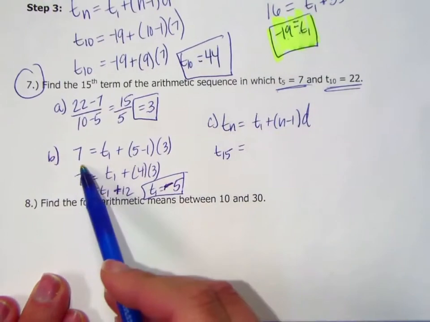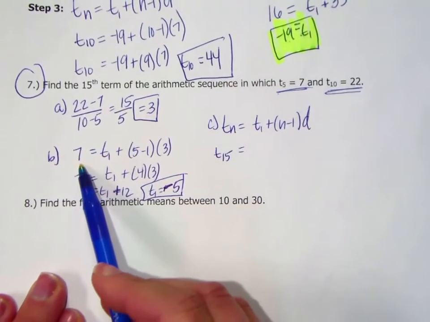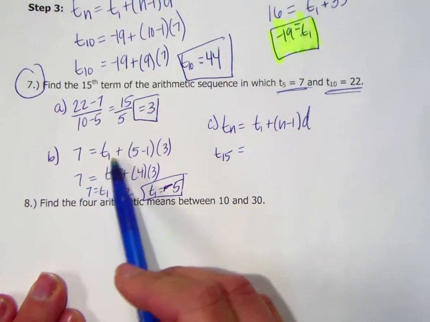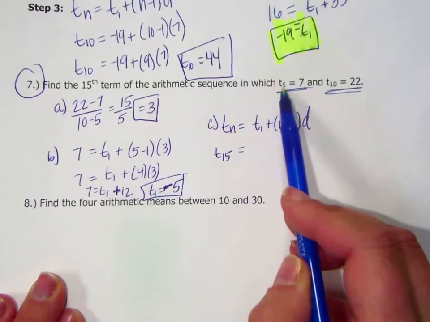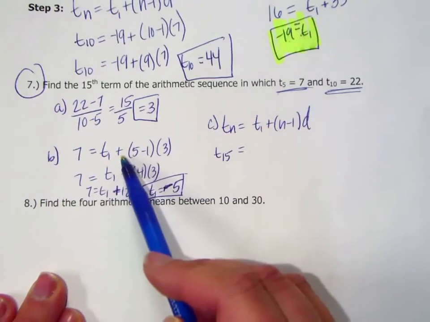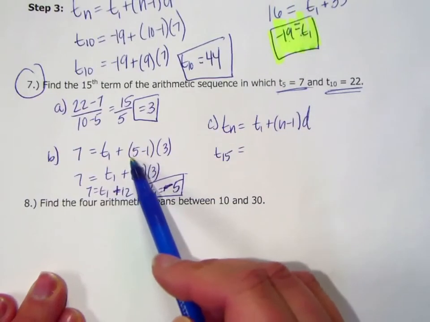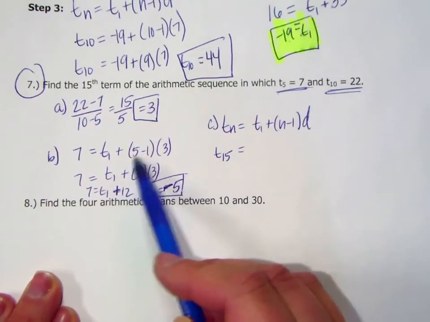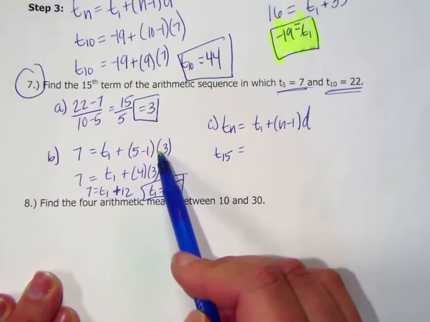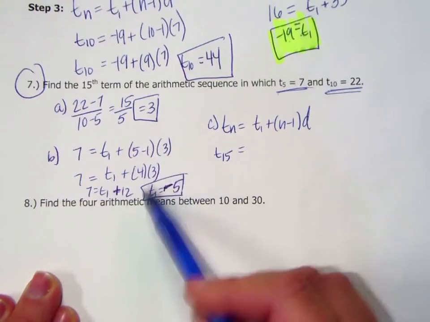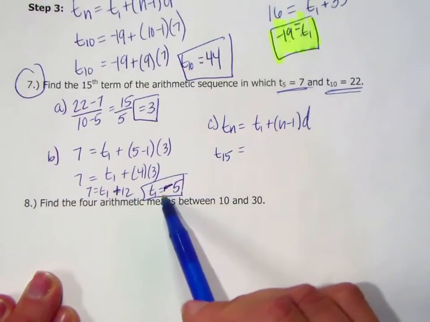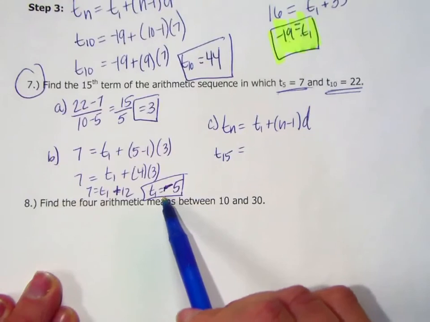So I said 7 is the term. That equals the first term plus the term number, which is 5, so that's why I'm plugging in 5 for n. That's the term number. Minus 1 times the common difference, which is 3. Simplify. There's my algebra. T sub 1 equals negative 5.